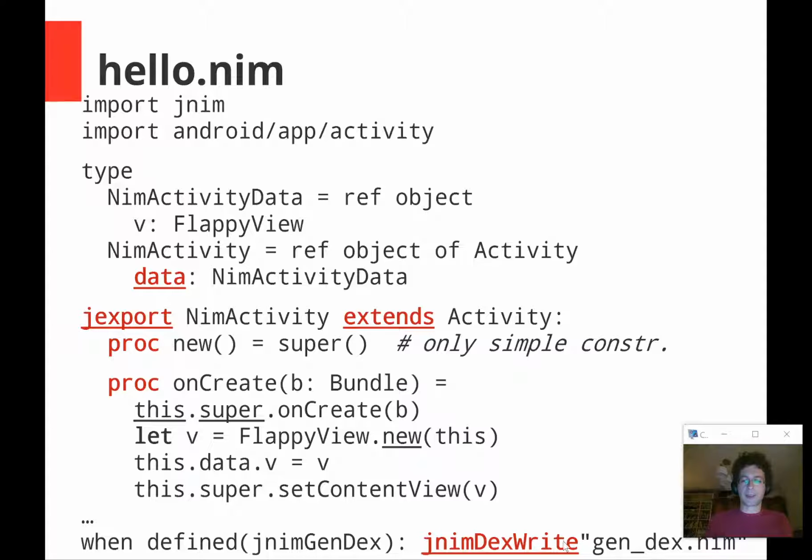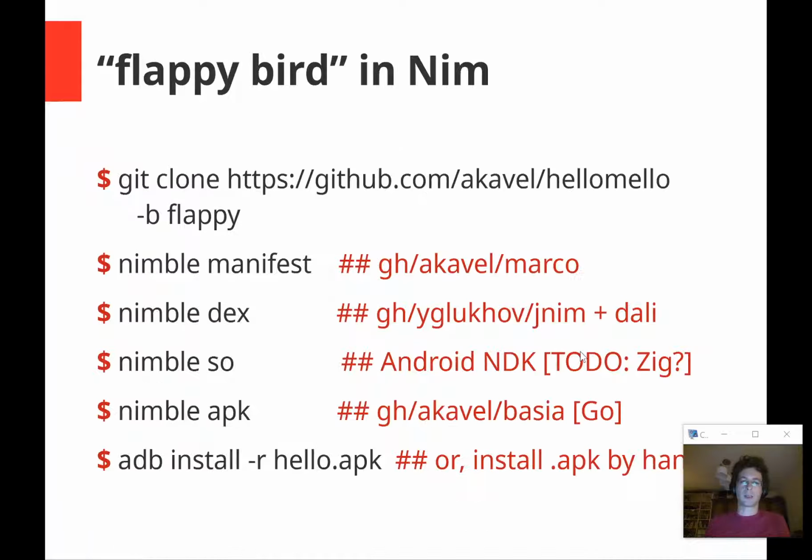And there is this part that is required for DEX, because mainly with NimScript, I hoped to do all of the DEX generation at compile time, but unfortunately NimScript seems to not support the full Nim language and all features, and not all of the standard library is available in NimScript, so I didn't manage to do it that way, and I'm creating a separate Nim file that is just compiled in a second step.